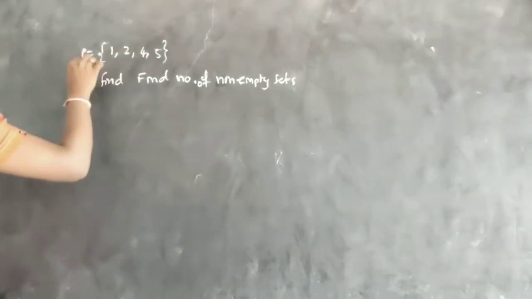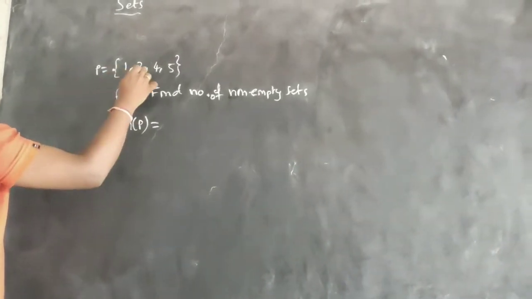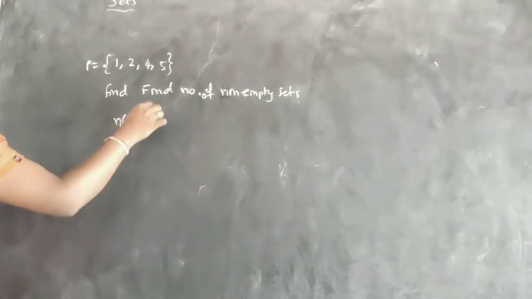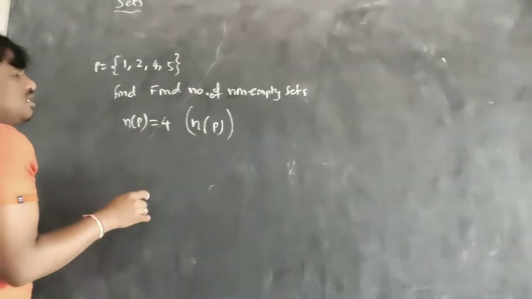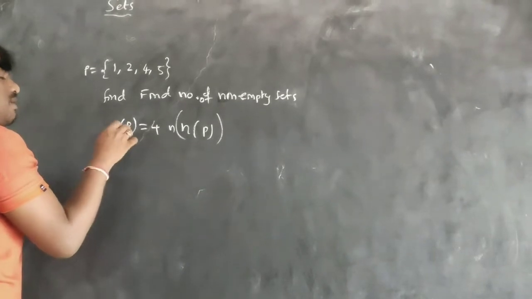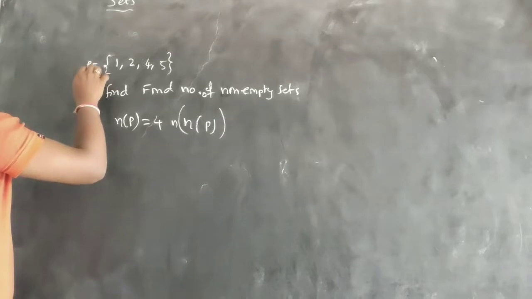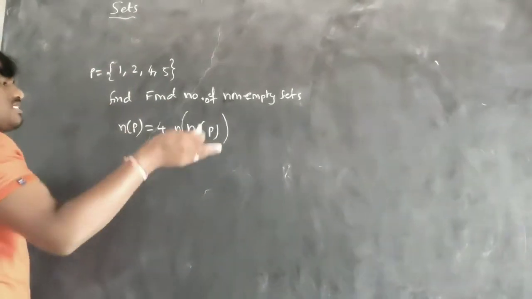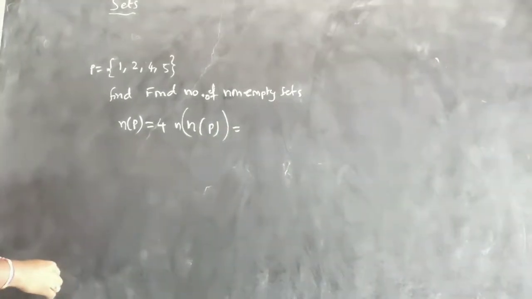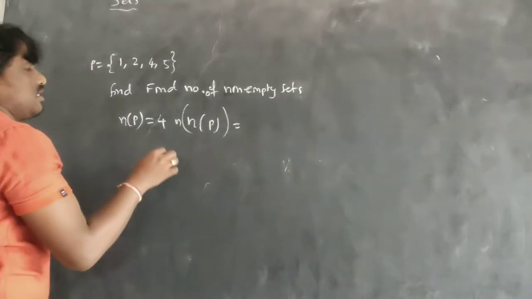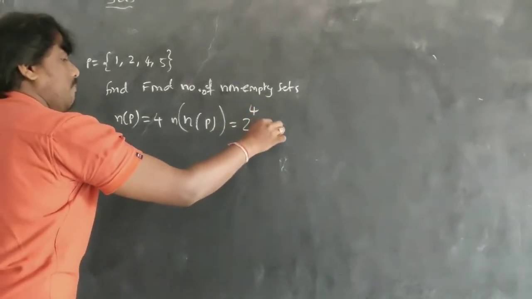Then the formula will be, number of P will be how much? You just see here, the number of elements is 1, 2, 3, 4, right? 1, 2, 3, 4. So the number of this one will be how much? This is a power set. Actually P is a power set; the power set is represented by P. So you consider it as a power set. Then the number of subsets formula is 2 to the power of 4 minus 1.